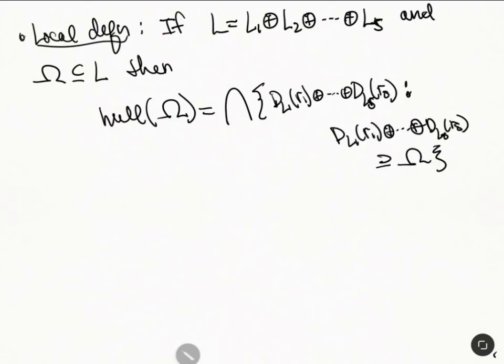So if we have a direct sum of p-adic fields and a region inside this direct sum, the direct product, whatever, then the hull of omega is defined to be this thing.